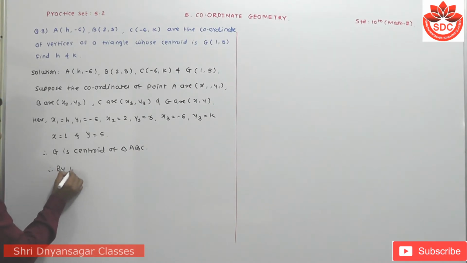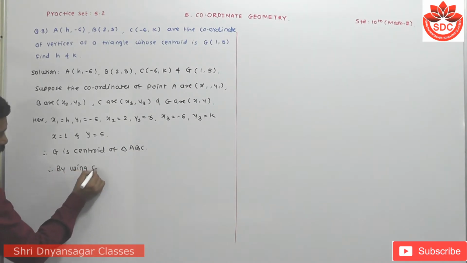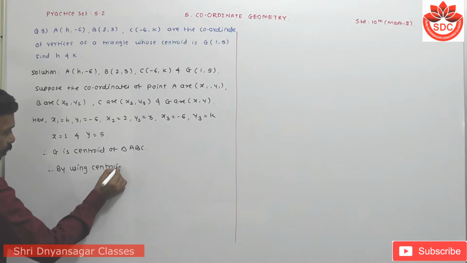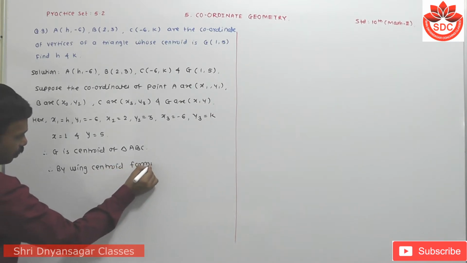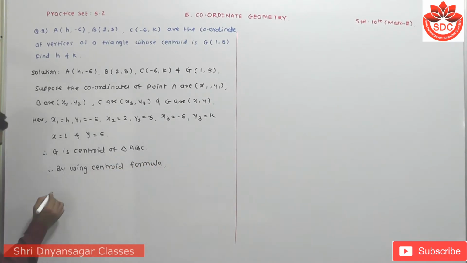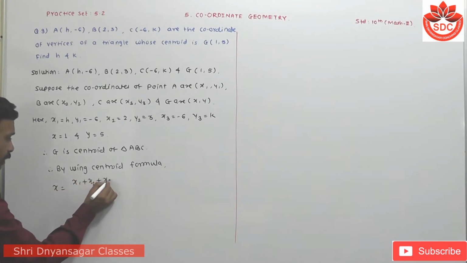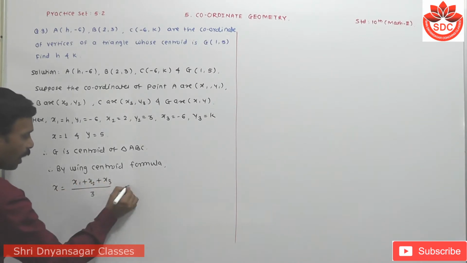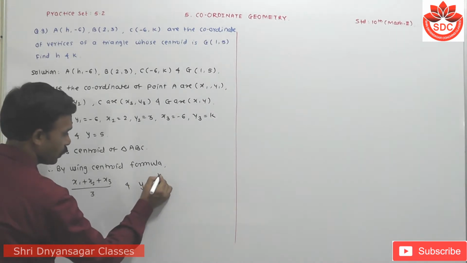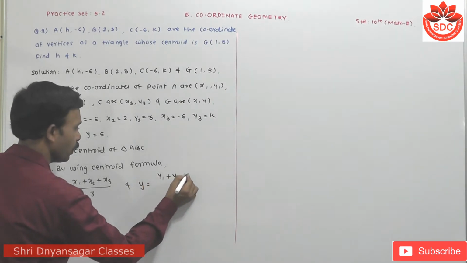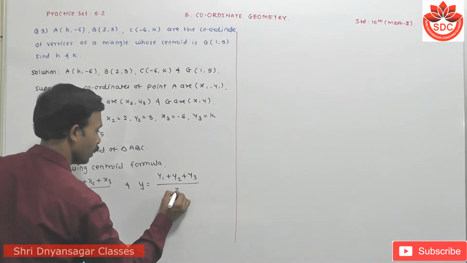Therefore, by using the centroid formula, all of you know that x is equal to (x1 + x2 + x3) upon 3 and y is equal to (y1 + y2 + y3) upon 3.